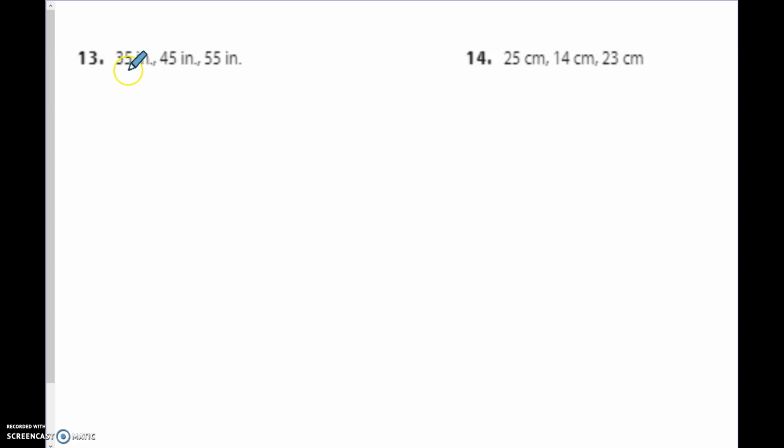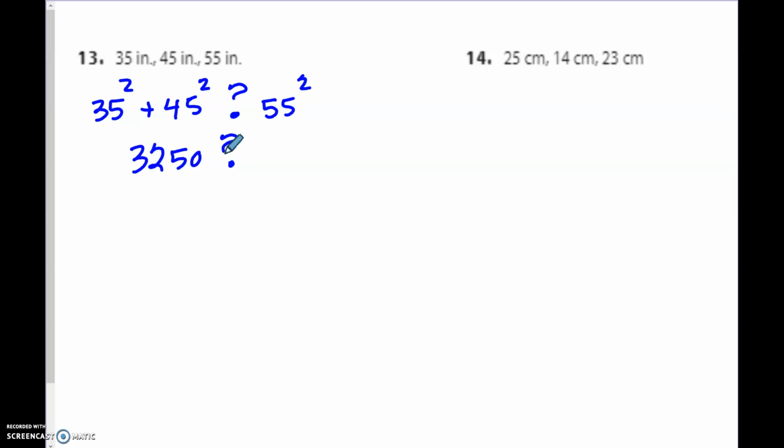All right, 13, are they in order? 35, 45, 55. Okay, so I can just set it up. 35 squared plus 45 squared, and is that equal to 55 squared? So 35 squared plus 45 squared is 3,250. So now I'm going to take 55 and square it, and I got 3,025.